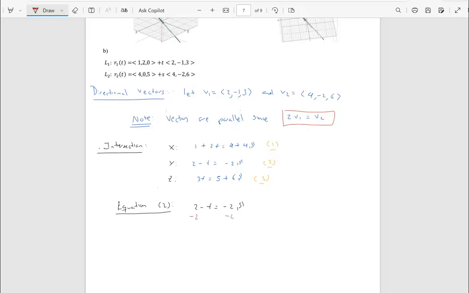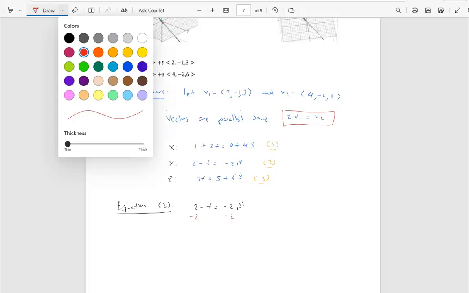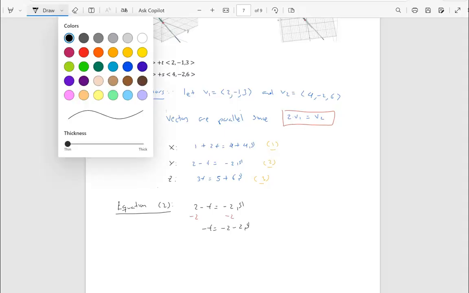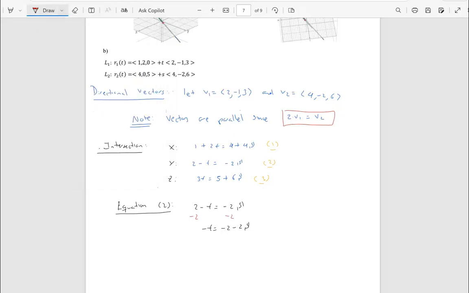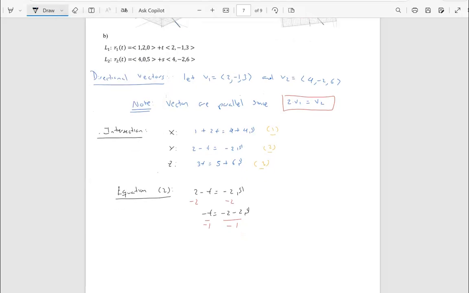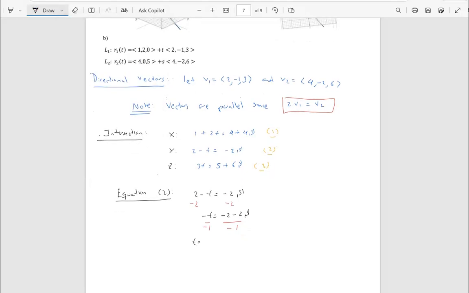So subtract the 2's, and we're left with negative t is equal to negative 2 minus 2s. Then we divide by negative 1, so we end up with the values of t, which is equal to 2 plus 2s.